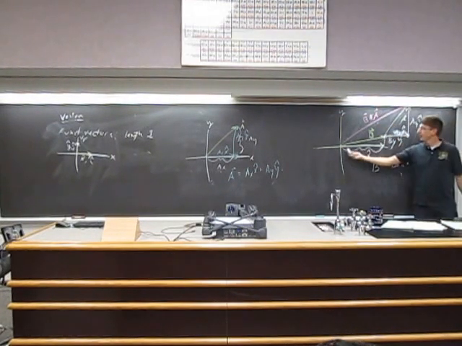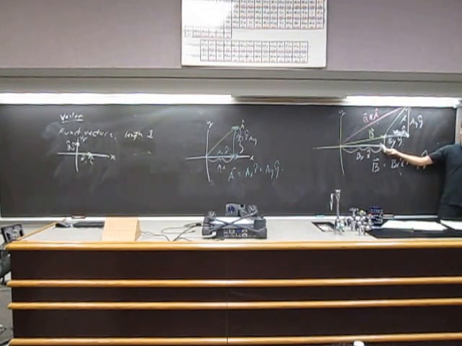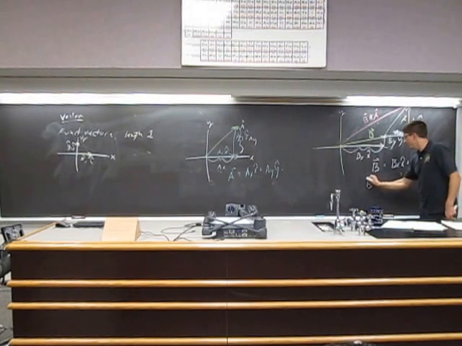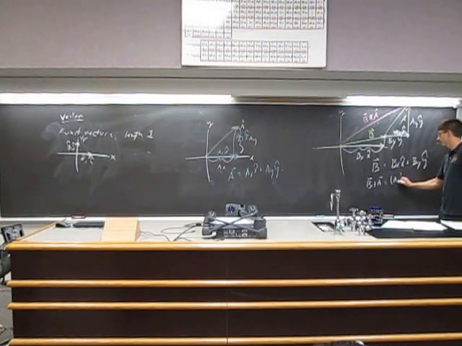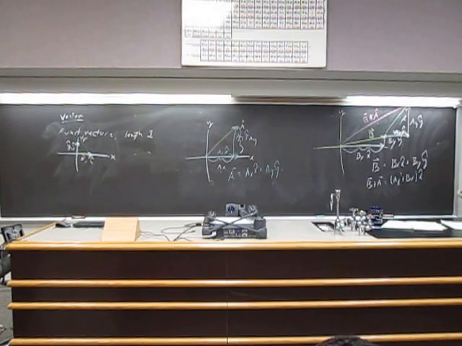Notice that the resultant vector goes over a b sub x in the x direction plus another a sub x in the x direction. You see that? So B plus A would be a sub x plus b sub x, x hat. And it goes up a b sub y in the y direction plus another a sub y in the y direction.